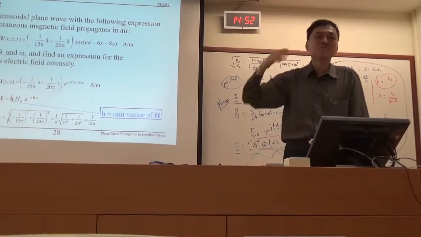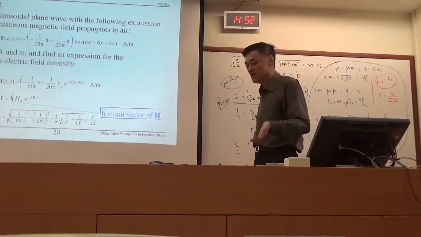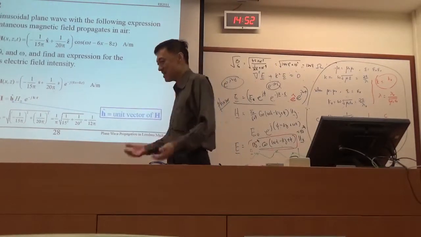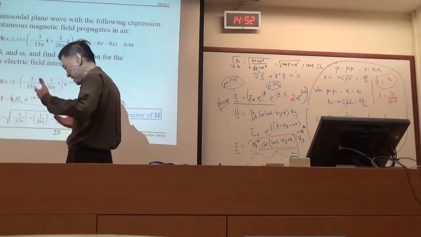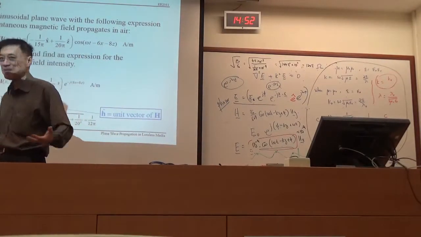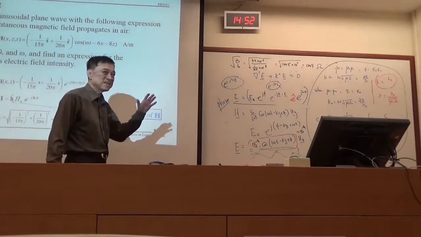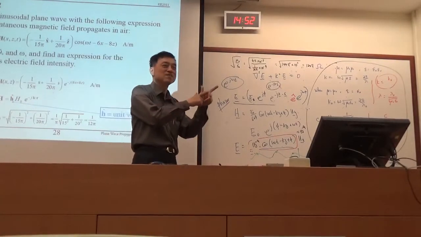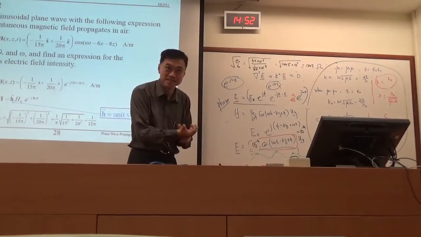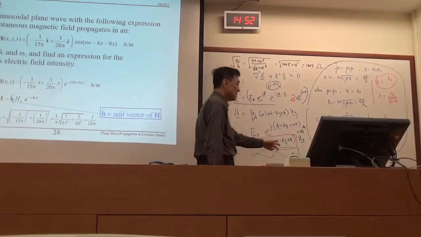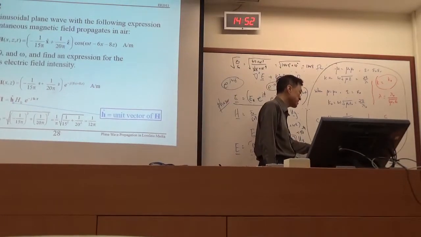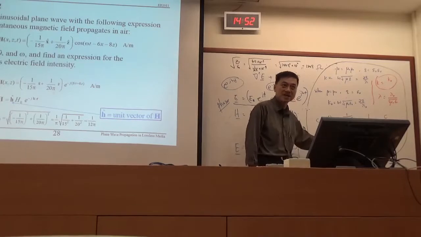Any questions? Okay, while you take a rest, I just repeat again and again. E, H, K forms a right-hand coordinate system. E over H is equal to zeta.